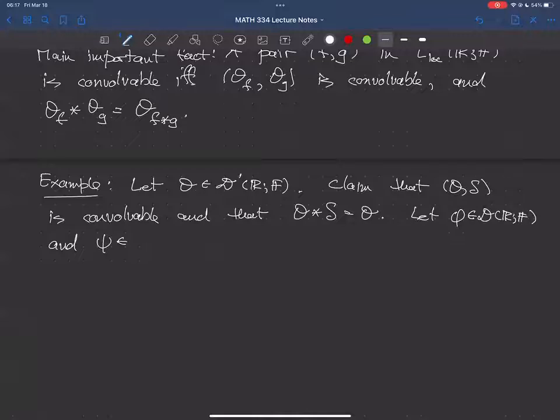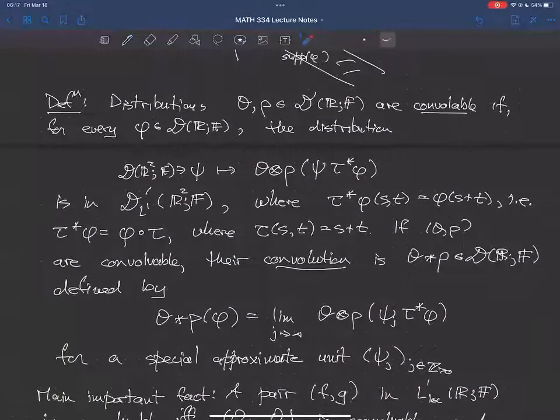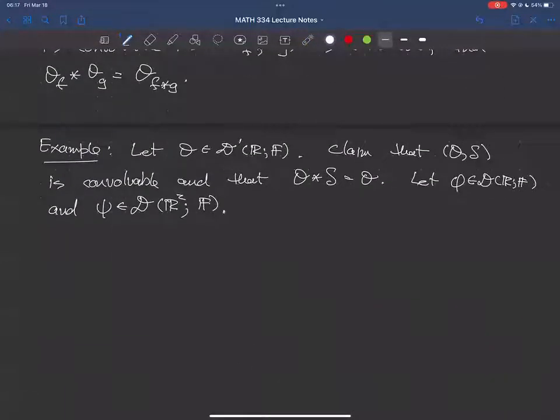Phi is a test function in one variable, and psi is a test function in two variables, like I have up here. Okay, so then, first, let me fix a value of s.